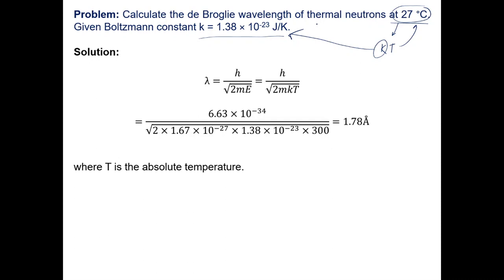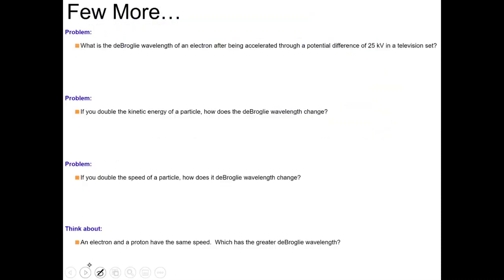So you can find the kinetic energy, and then you feed this kinetic energy, which is kT, into this formula, lambda equals h divided by root 2m times kinetic energy. You get the number, and here the wavelength associated turns out to be 1.78 angstroms. Now keep in mind this T is the absolute temperature.